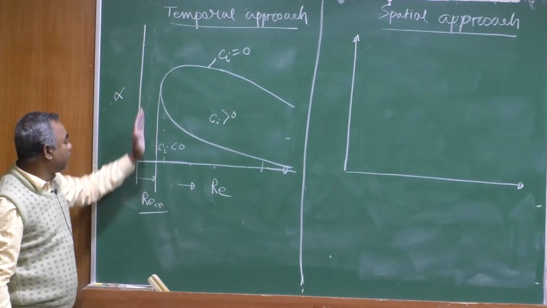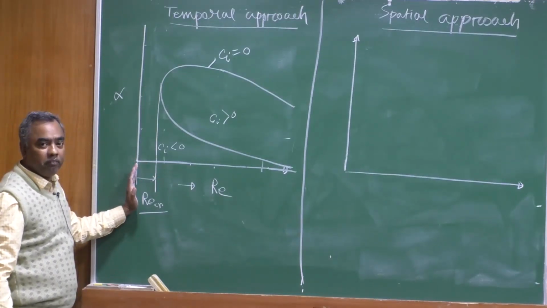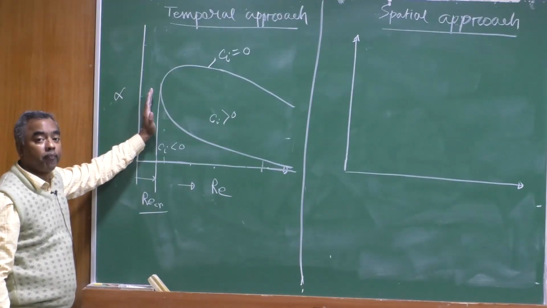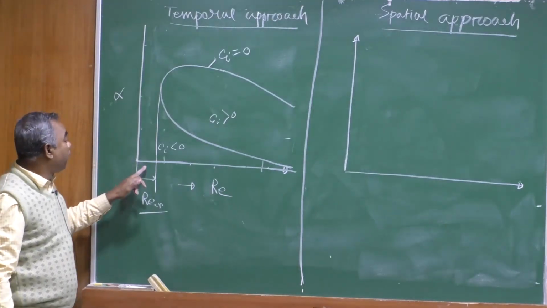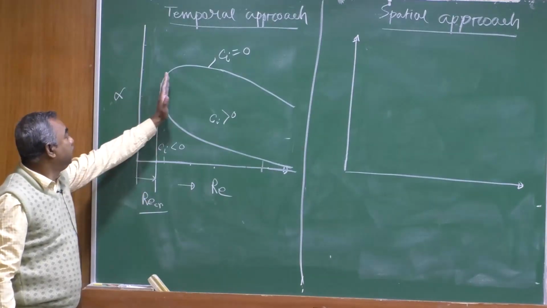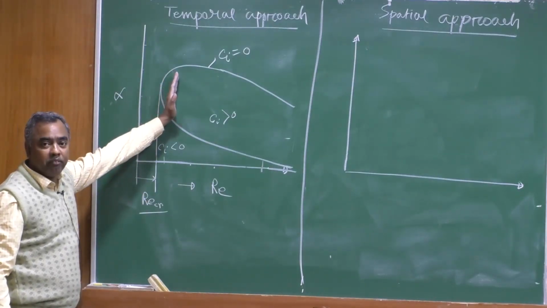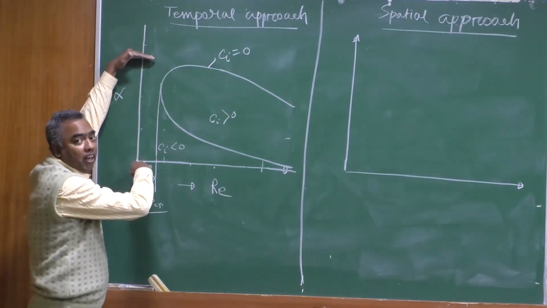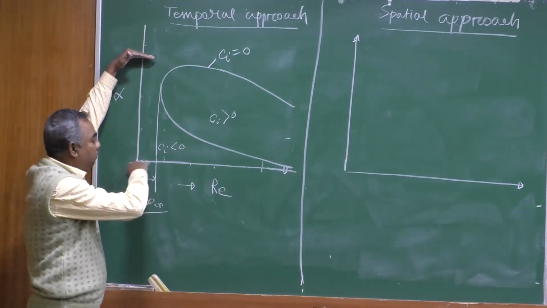Okay. If your Reynolds number is below this value, you are in the stable regime of the flow. If your flow Reynolds number is greater than this particular value, then you may be inside this domain, if you are within this range of alpha. Okay.